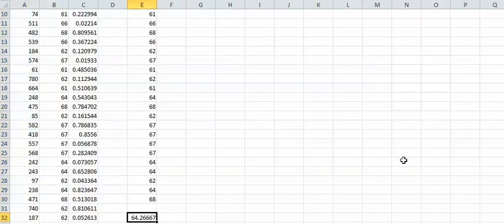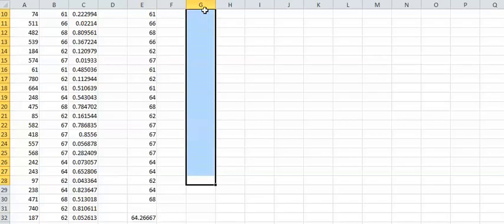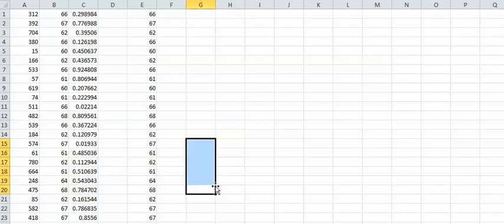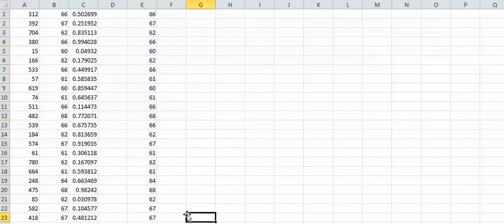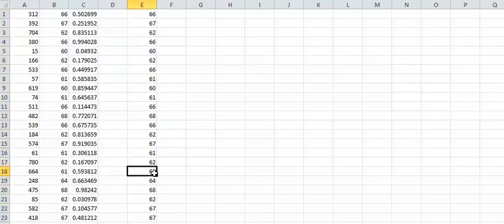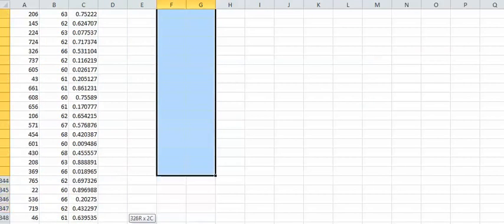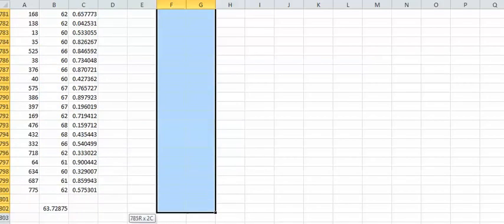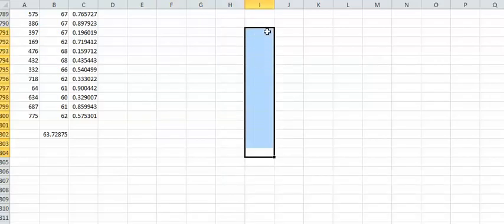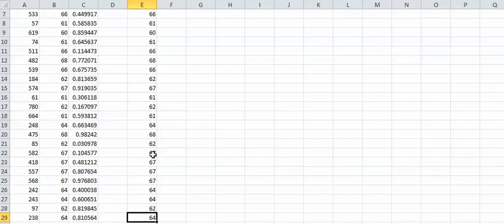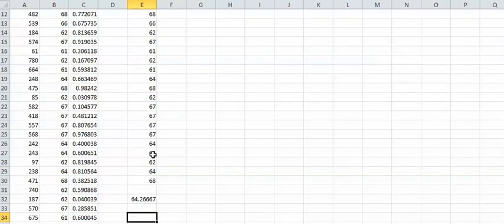Their mean is 64.26, which is pretty close to the mean of the entire population, because that was, go down here, it was 63.7, and this was 64.2, so they're pretty close.